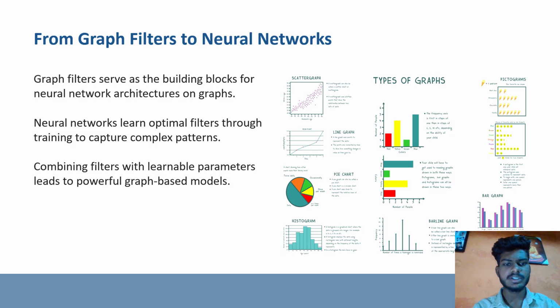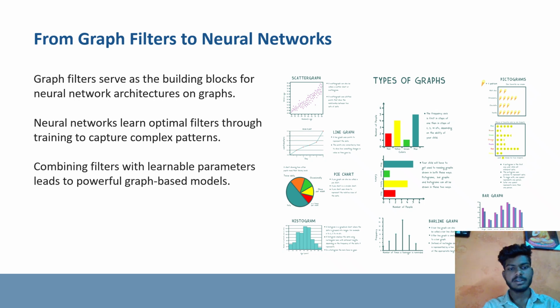Neural networks learn optimal filters through training to capture complex patterns. Combining filters with learnable parameters leads to powerful graph-based models.